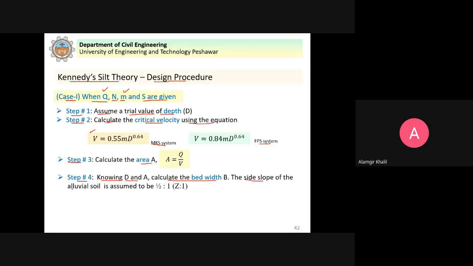So in the irrigation books, they say that for alluvial soil, it is assumed to be 1/2. So that's why in most of the books, when you see the procedure, they assume the side slopes for alluvial soil can be taken as 1/2.